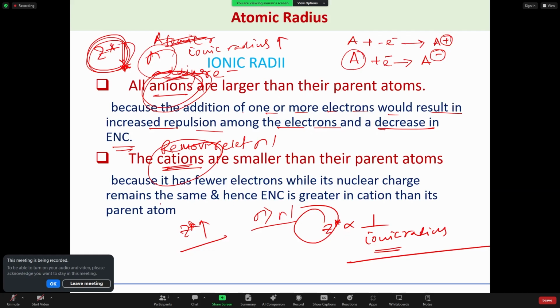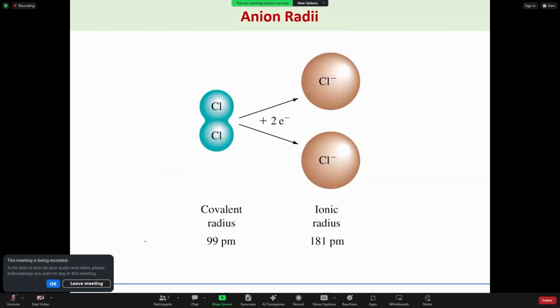Again, because the cation has fewer electrons while the nuclear charge remains the same, the effective nuclear charge is greater in cations than in the parent atoms. So if you see, this is Cl2. For chlorine, the covalent bond radius is 99 pm. When an electron is added, electron repulsion will be there.